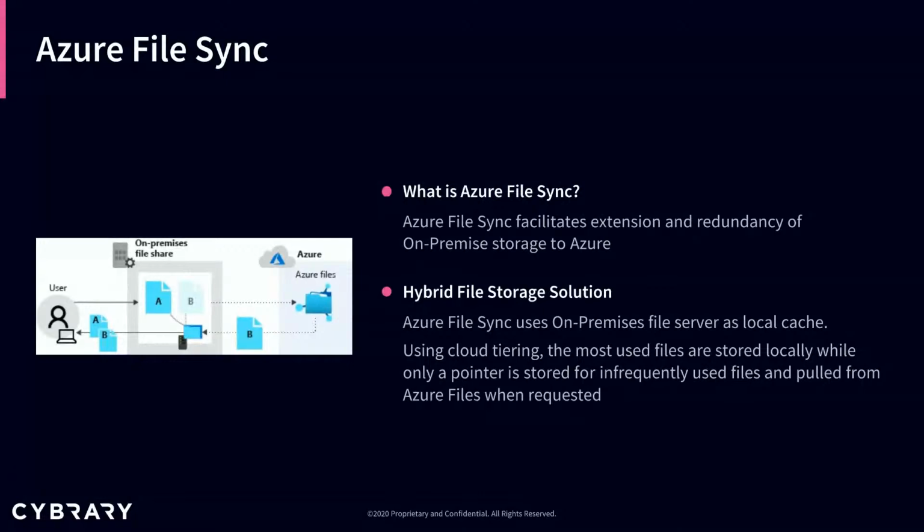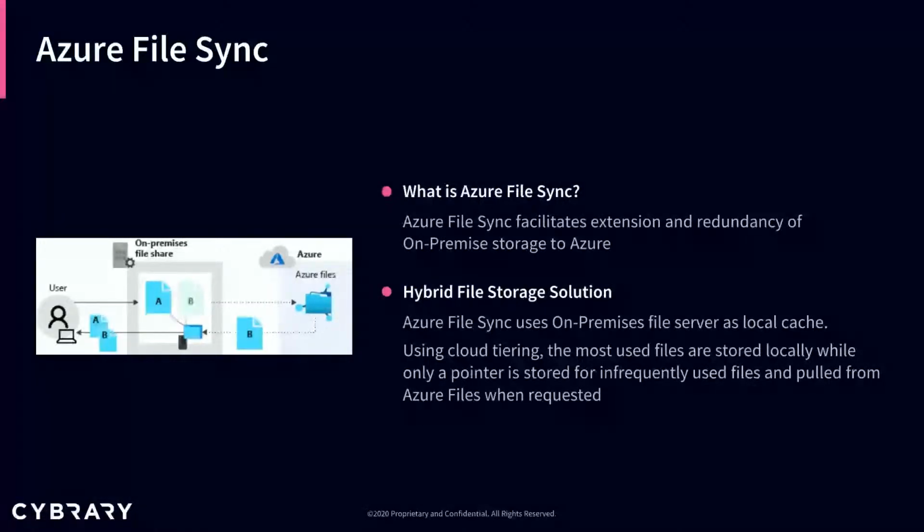So Azure File Sync uses the on-premise file server as your local cache. You can use cloud tiering for this purpose. So the most used files are stored locally, while only a pointer is stored for infrequently used files, which are pulled from Azure Files when you request them.